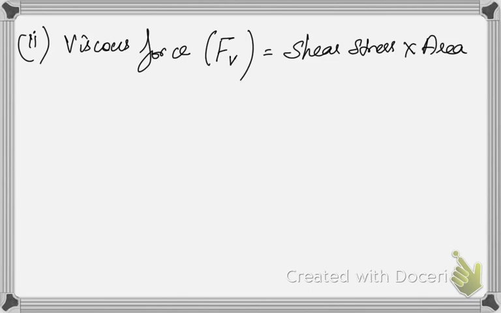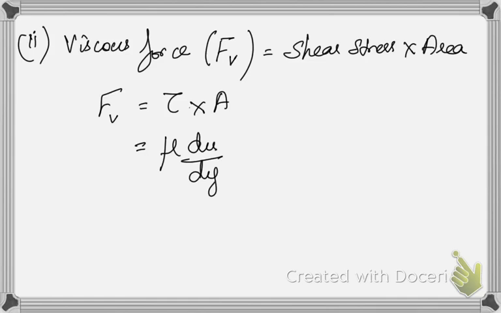So what is shear stress? Shear stress we denote by tau, so tau into A. What is this tau actually? We already know the formula which you have learnt earlier, which is mu into du by dy into A. What is this du by dy?